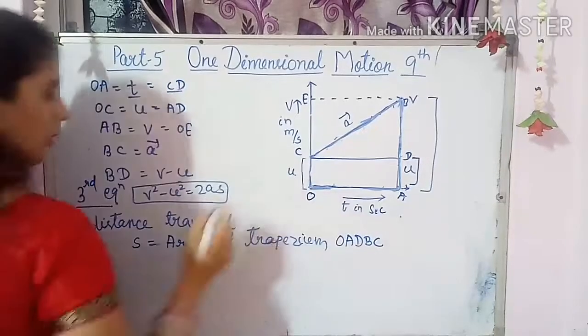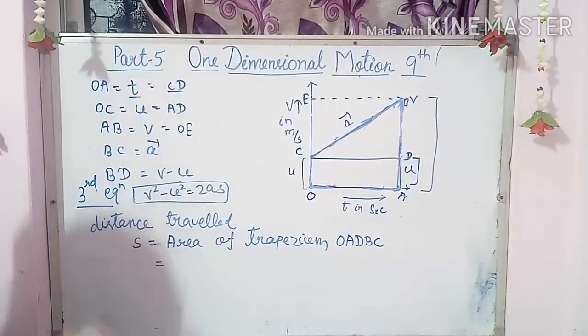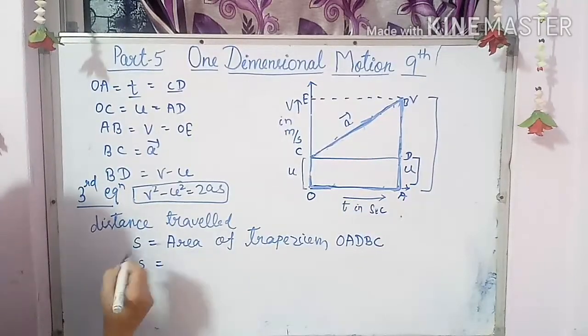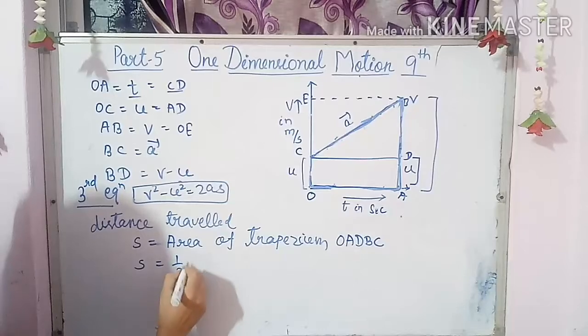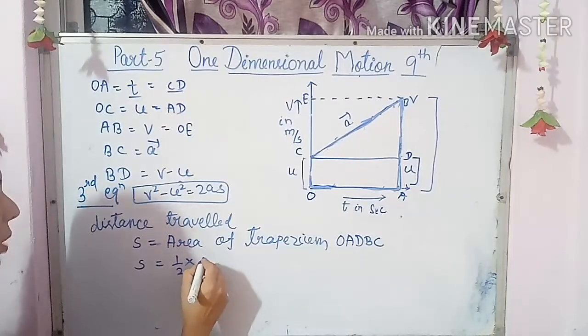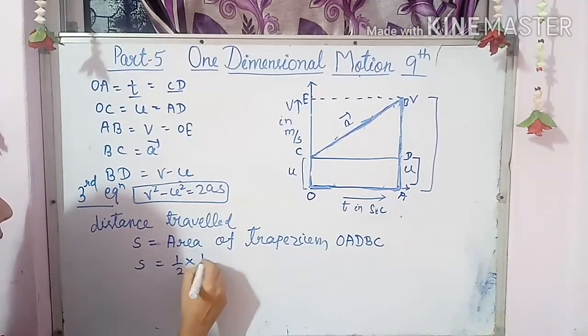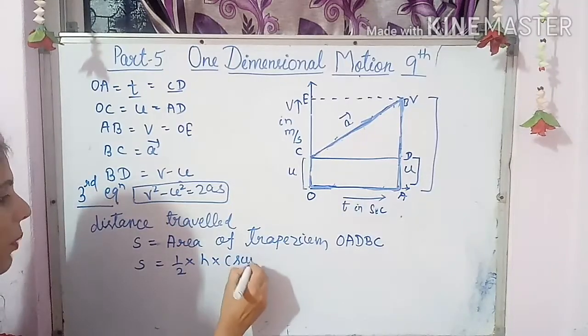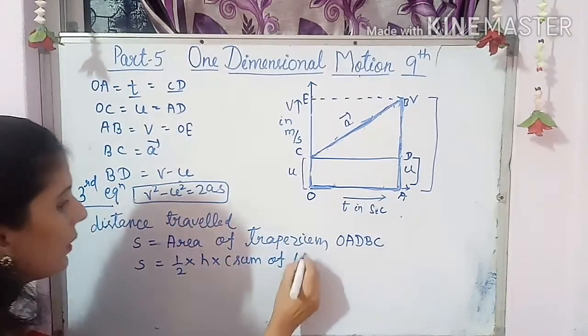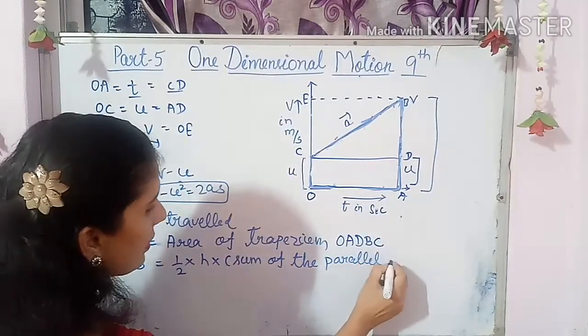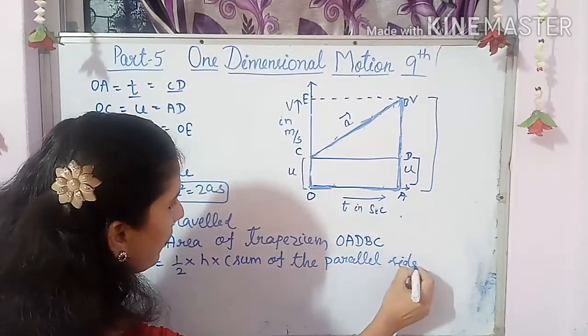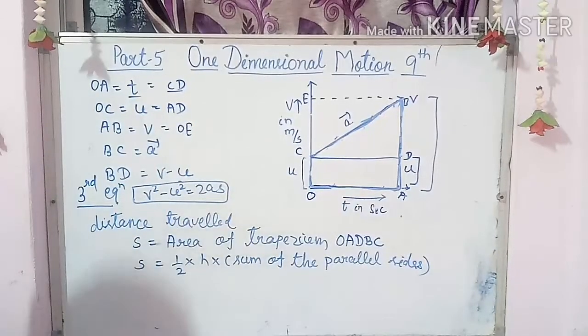Now you can put the area of trapezium. You have to remember the formula from maths, you have done that one. S equal to half into height into sum of the parallel sides. That is the formula of your trapezium.